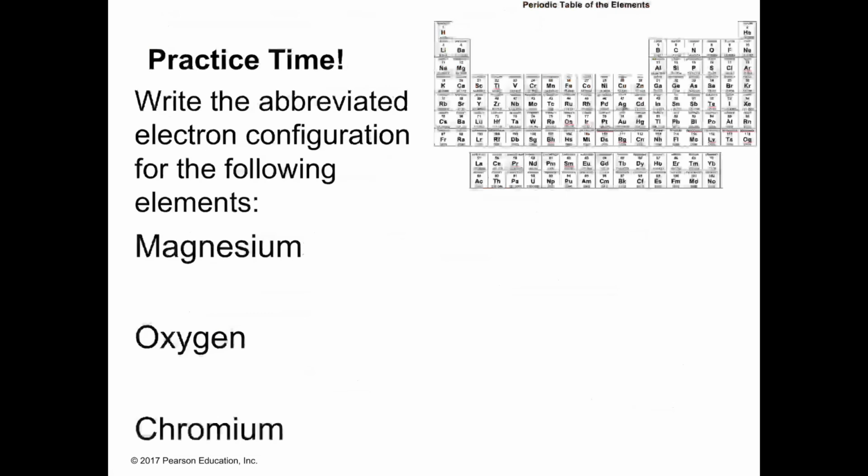Okay, this will make more sense in some examples. So let's try this. Magnesium. So here's magnesium. We find the noble gas that came before magnesium, so we go backwards. 12, 11, 10 is neon. So we're going to put neon in brackets, okay? And then we're going to write the electron configuration for magnesium that comes after neon.